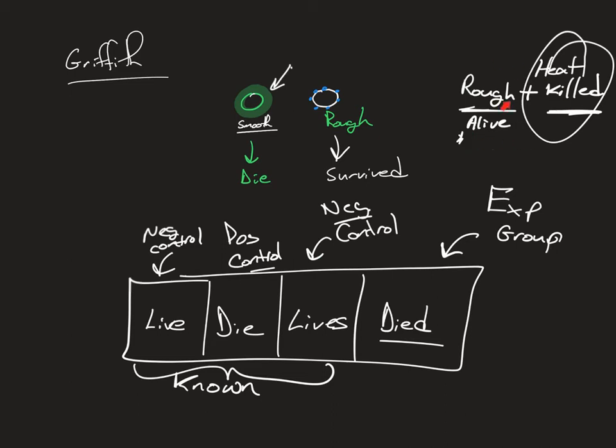And when he mixed these together and it killed the rat, he and his colleagues knew that there was something that this smooth bacteria had that could be transferred, that could be inherited, that would change the rough bacteria to a smooth bacteria. Today we know it as a gene, but back then they didn't know what it was. Are we good? So if you understand that, you're going to be able to answer the questions on the test next week easily.